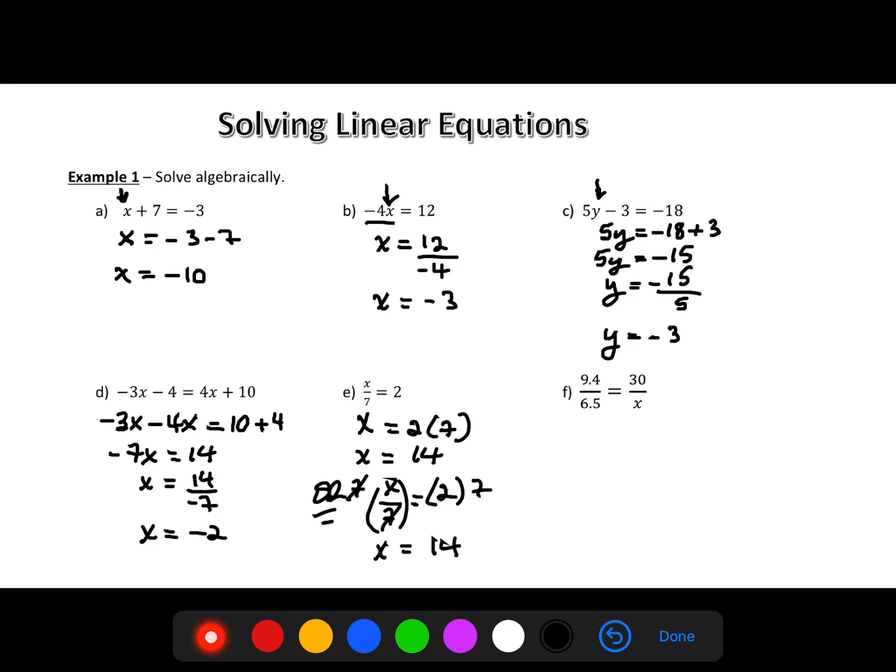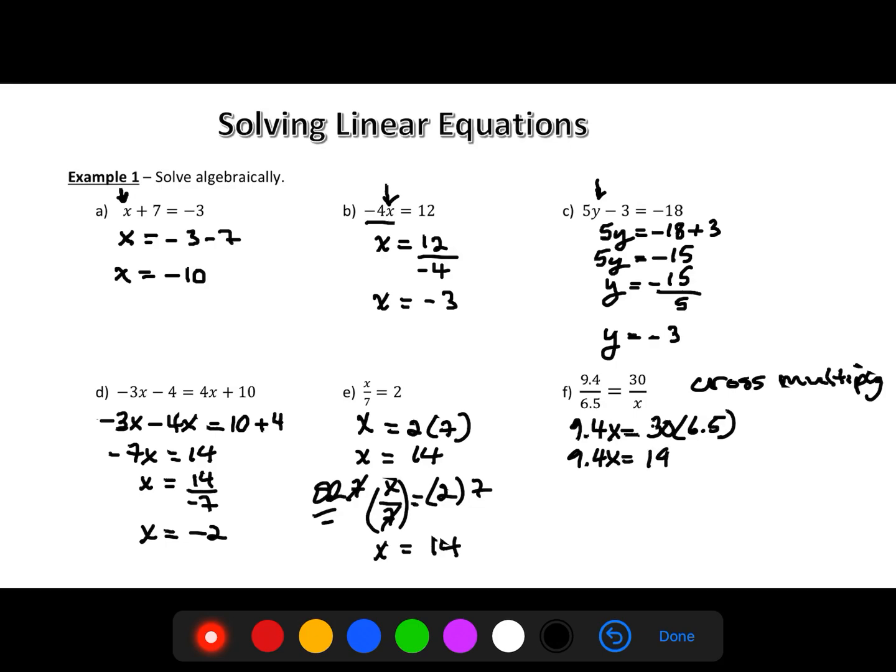Part F, when we have x on the bottom, we cannot solve for something that is in the bottom of a fraction. So we're going to start by cross multiplying. And that just means that we are getting rid of our denominators. So we're going to have 9.4x is equal to 30 times 6.5.